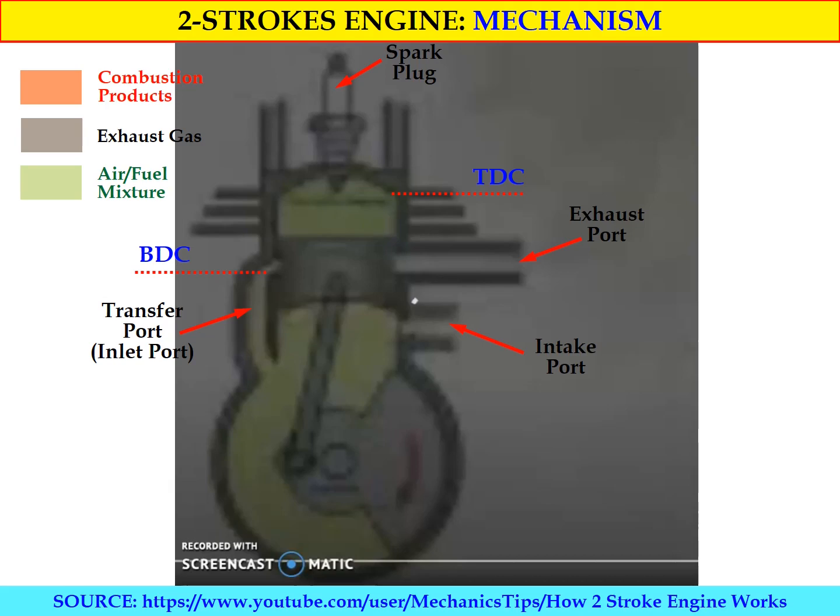I want you to look at when the combustion occurs, how the fuel plus air mixture enters the engine, and how the fuel plus air enters the combustion chamber. Also look at how the exhaust gas produced from the combustion is released to the surroundings. So now let's play the animation.